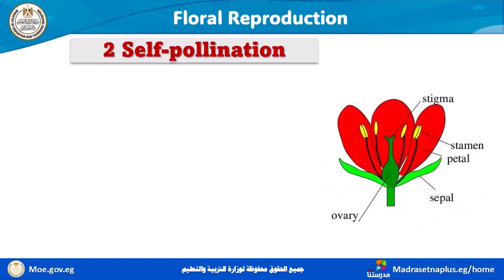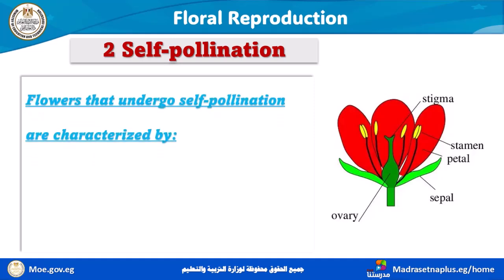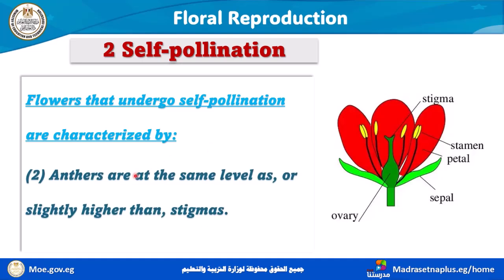Also, in case of self-pollination, flowers that undergo self-pollination are characterized by anthers that are at the same level as, or slightly higher than, the stigma, as you can see here in this figure.